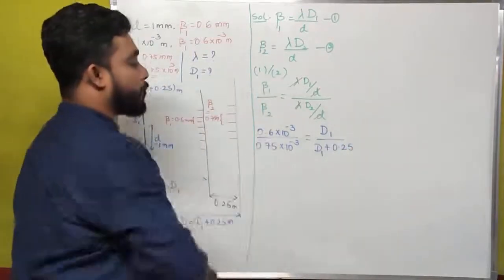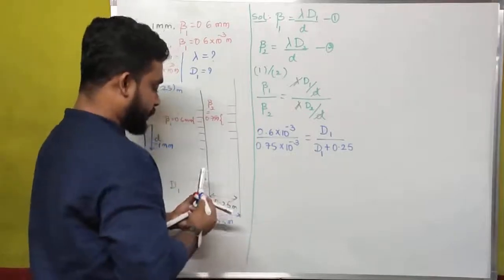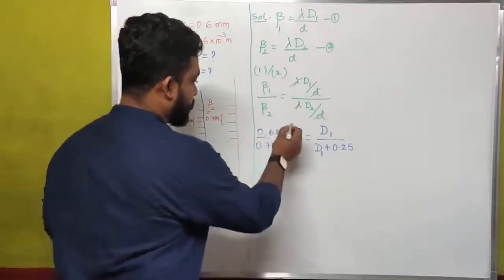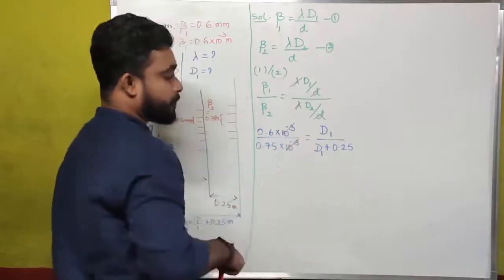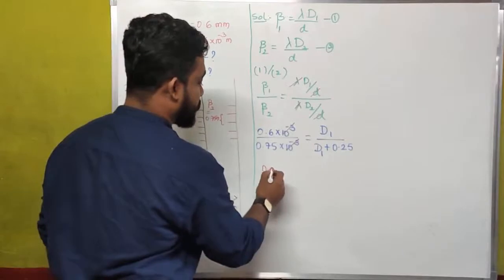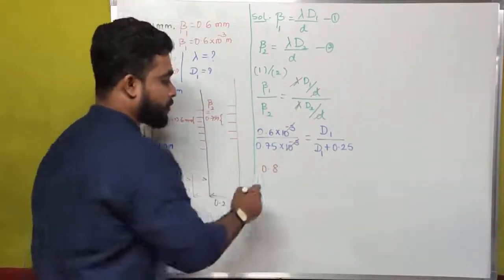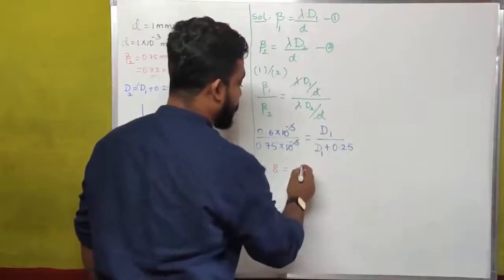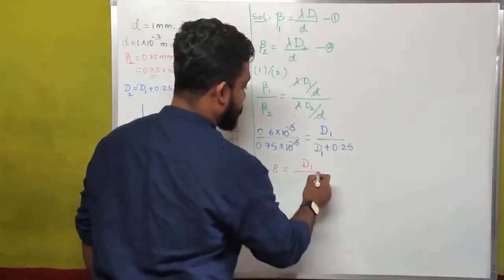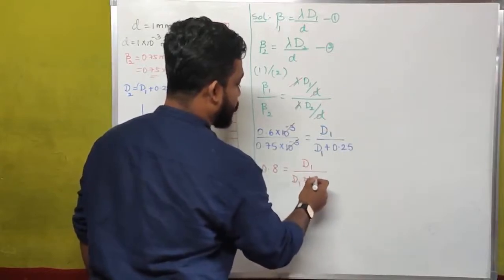If we divide 0.6 by 0.75, the 10 to the power of minus 3 gets cancelled. 0.6 divided by 0.75 is equal to 0.8. Here we have D1, and we write that as it is, and D1 plus 0.25.